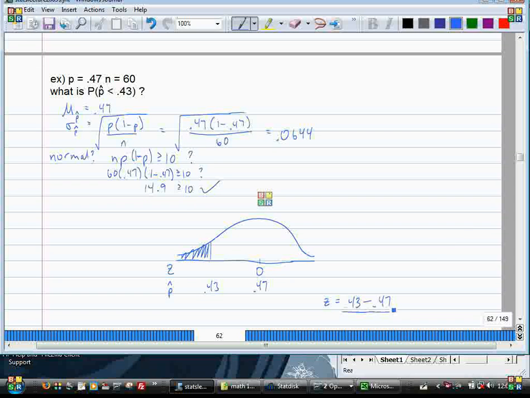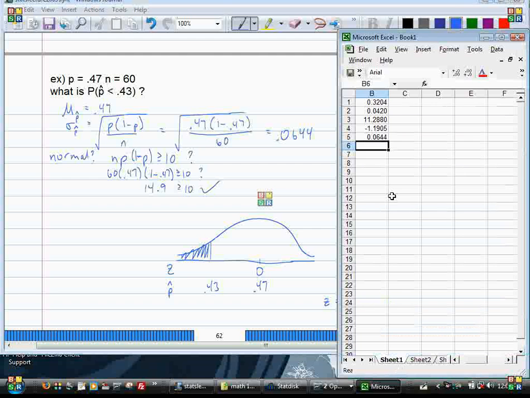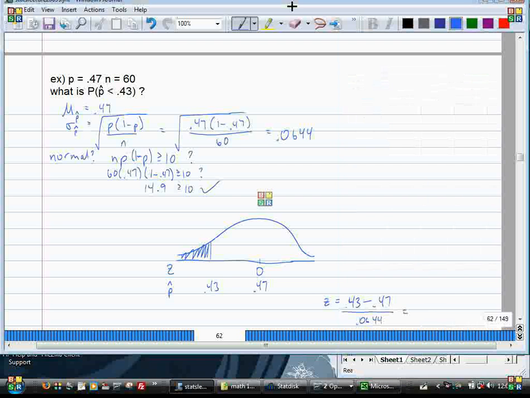Divided by what? Right, divided by the standard deviation, 0.0644. Let's see what that is. You get negative 0.62. z is negative 0.62.